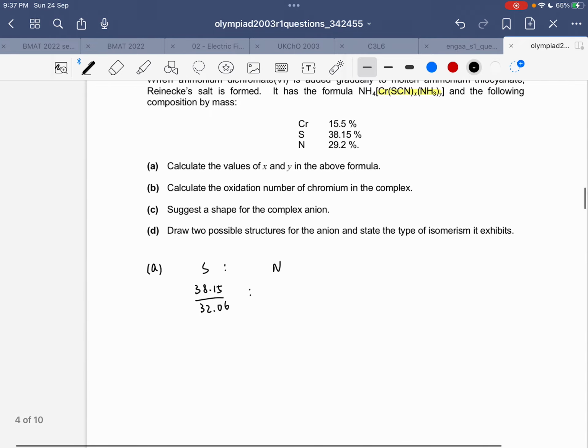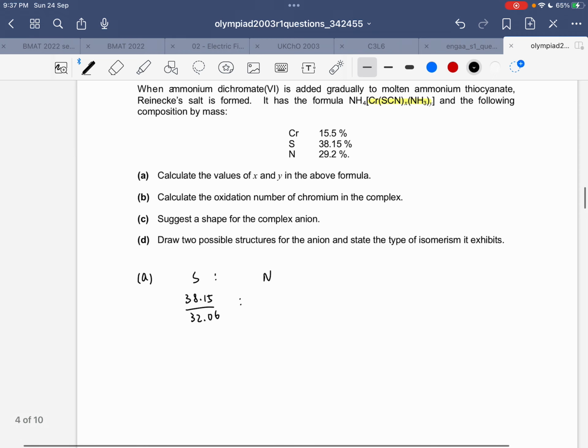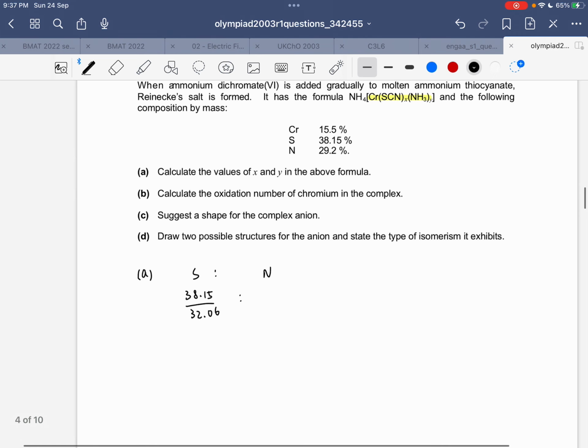You can find the periodic table in the question paper itself, so try to use the values that they give you to answer the stoichiometry questions. If I do this calculation, it will give me 1.1899, and nitrogen will give me 2.085.